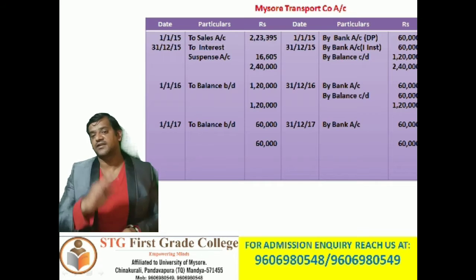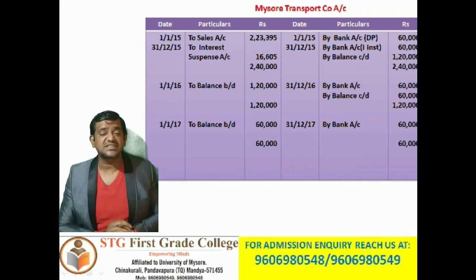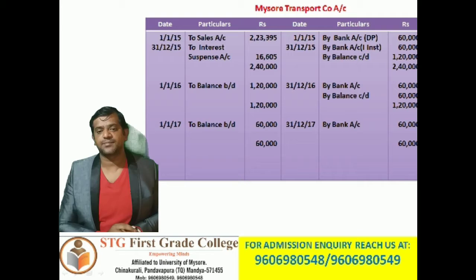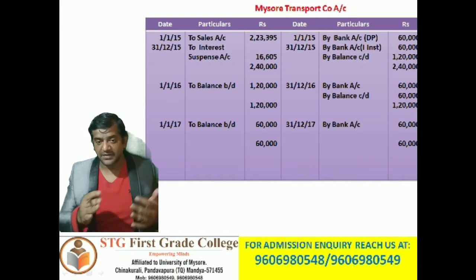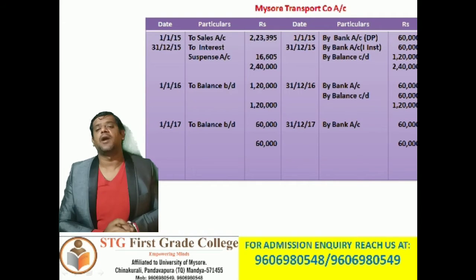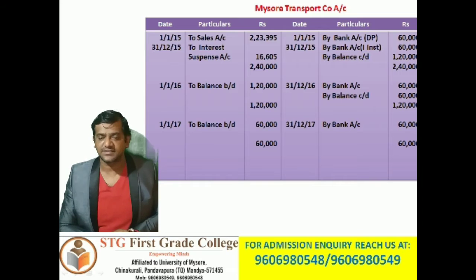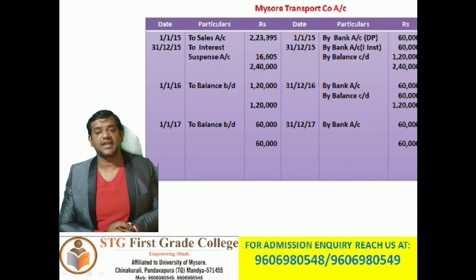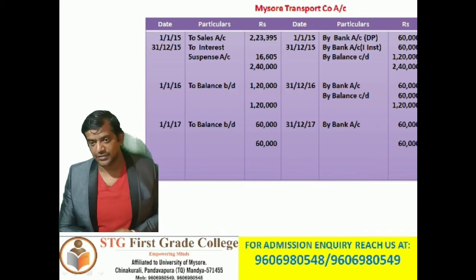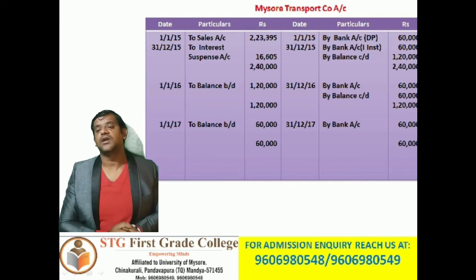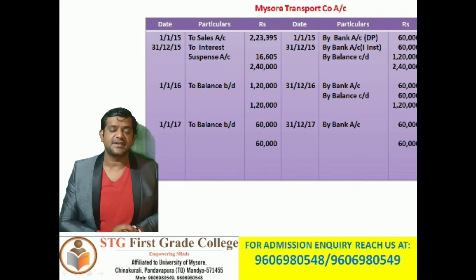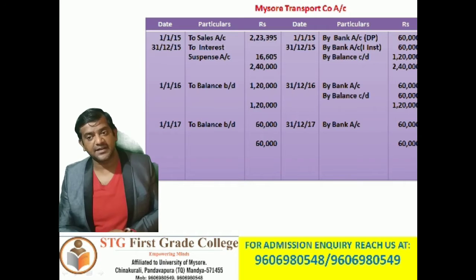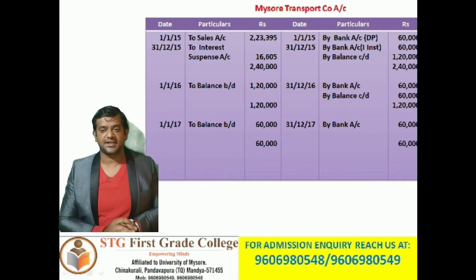Next year, 1/1/2016, to balance brought down 1,20,000 rupees on the debit side, and 31/12/2016 by bank account 60,000 and by balance carried down 60,000 on the credit side.